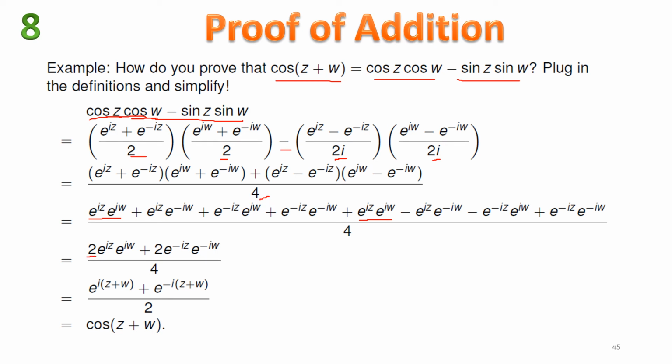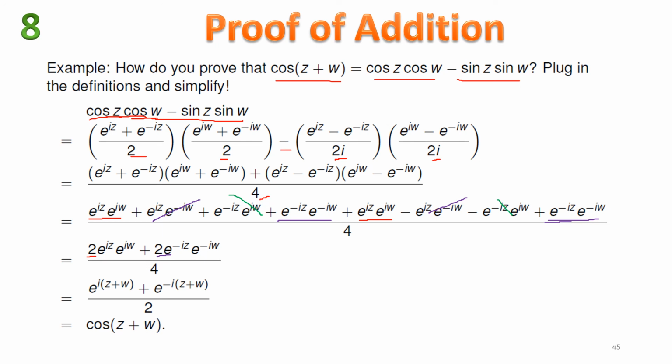Then e to the minus iz into e to the minus iw plus e to the minus iz into e to the minus iw, that makes it 2 times. And the other terms, e to the iz into e to the minus iw, will cancel with this. Then this term will cancel with this.